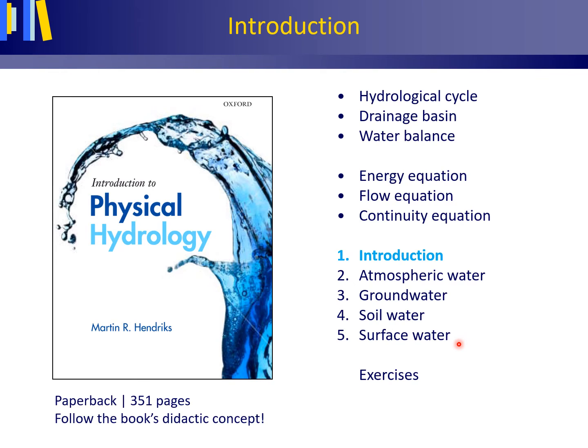And then chapter 5 will deal with surface water, and surface water essentially can be turbulent flow, which is more difficult to describe than laminar flow. What's important is that you follow the book's didactic concept, and as already stated earlier, exercises play an essential role. Making the exercises, struggling with the exercises plays an essential role in this.